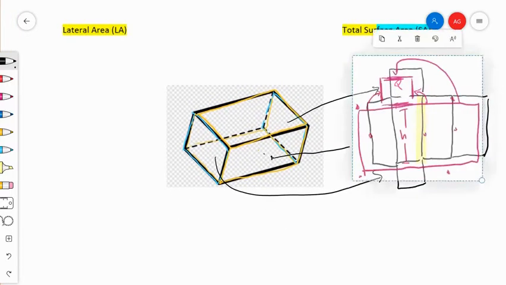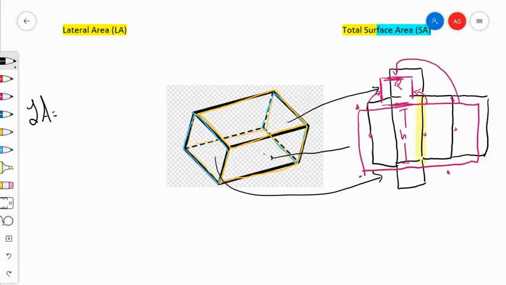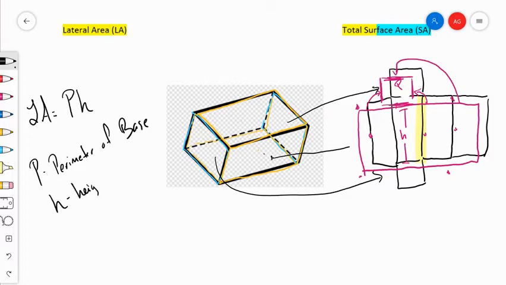To find lateral area, we're going to use LA for it. Lateral area is just going to be the perimeter of the base times the height of the prism. So here I'll put P is the perimeter of the base, and we said H was going to be the height of the prism.